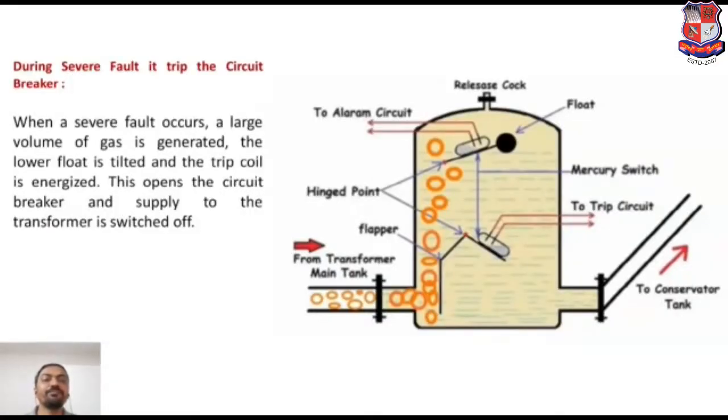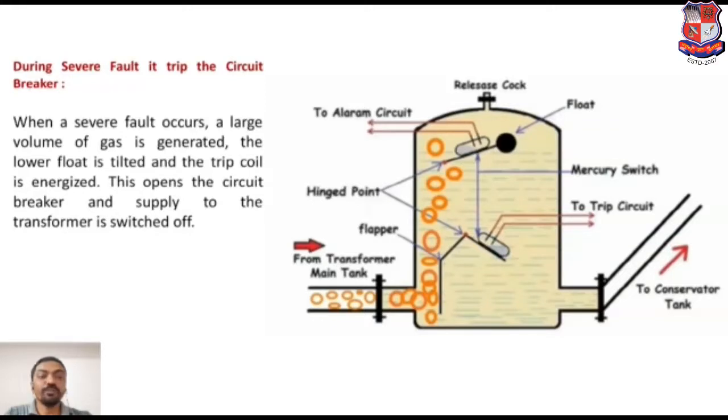Now when severe faults occur, severe means a heavy current is flowing into the winding. So oil temperature is increasing tremendously high and a large amount of gas is generated. So as shown in the figure, large numbers of small circles are there. It means large bubbles of gases flow, or rush, from the main tank to the conservator tank, and it affects the flapper.